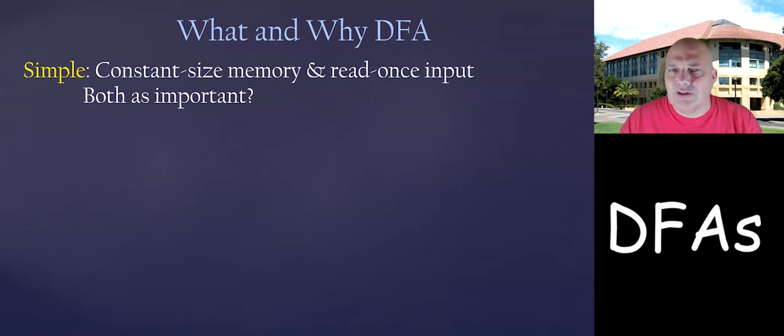Assume that instead of reading it once, you're allowed to move back and forth on your input. Do you get something stronger? Can you compute things that you cannot with the DFA? You will prove in one of your homework assignments that this doesn't add any power. And this is a little bit surprising.